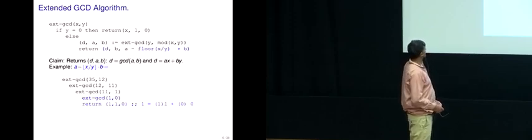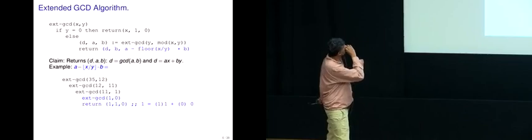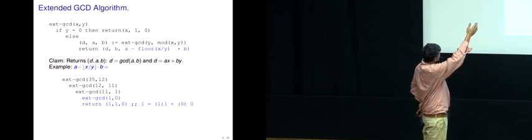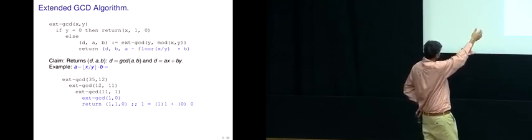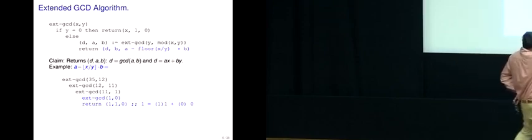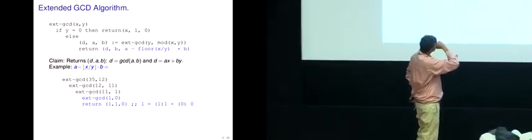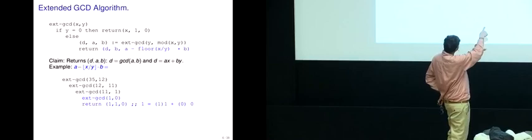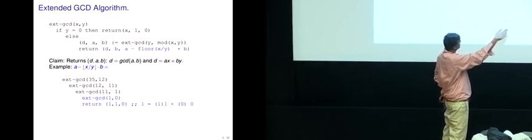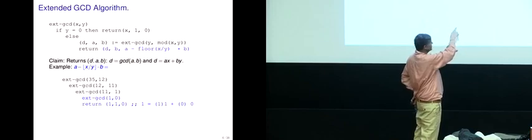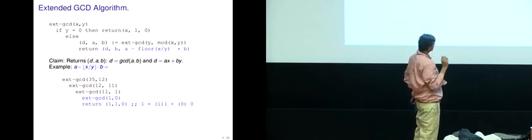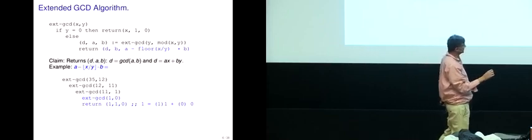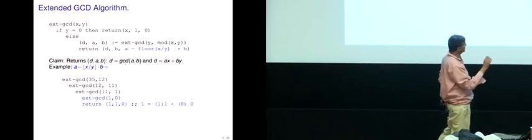Now let's think about what we do on the return. In this base case we return x, 1, 0. In this last call we got a 1 as x, so we return x and then 1, 0. Now we notice that this equation is satisfied: the GCD is equal to the first return value times the first argument, plus the second return value times the second argument.